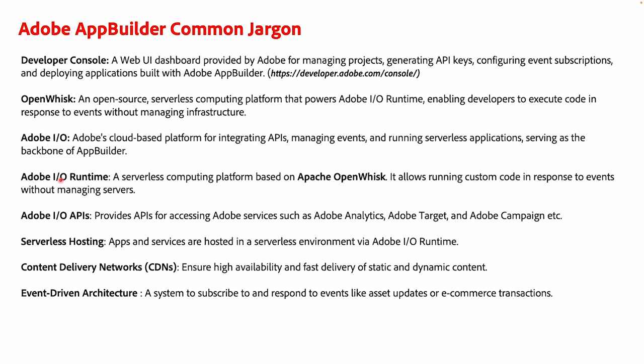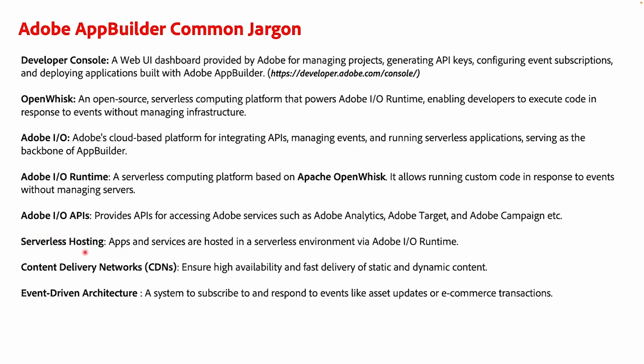Adobe I/O Runtime is basically a serverless computing platform based on Apache OpenWhisk. It allows running custom code in response to events without managing the servers. Next we have Adobe I/O APIs, which provide easy access to the other Adobe products.